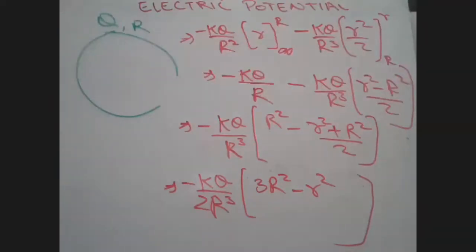So this is your potential at a point inside the solid sphere. Is this clear? If there is any doubt, I'm telling you again, and if you don't want to publicly tell it, please send me a message on private chat and I will look into it. So this is the potential, minus KQ by 2R cube into 3R square minus r square. Is that clear?